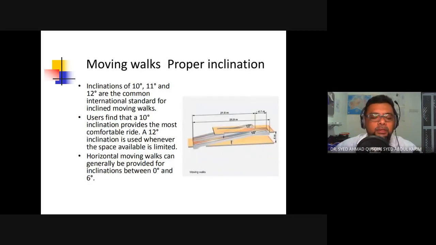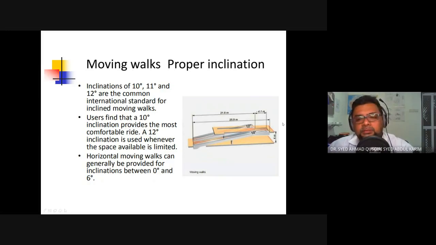For moving walkways or travelators, the inclination is from 10 to 12 degrees. The moving walkways cannot go as steep as the escalators because they don't have any steps.